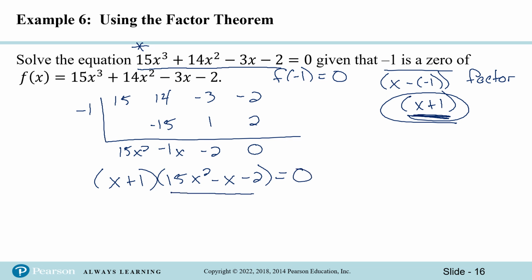This is quadratic, so we can use quadratic tools to factor that. Because it has 3 terms and this is a 15, I'm going to use the AC method. I think we're going to see if I have extra room on the next slide so I have more room to work.